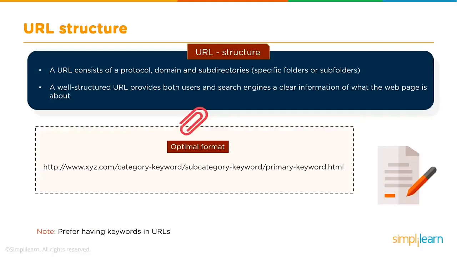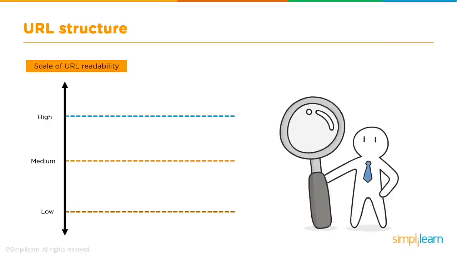Now, when you get into URLs with dynamic parameters in them, as an end user you're not really going to know where you're going. In the middle example here, I can see that I'm maybe going to a shoes page, but I have no idea what the rest of that URL means. And in the other example, where you have very low URL readability, I have no idea as an end user where I'm going to go.